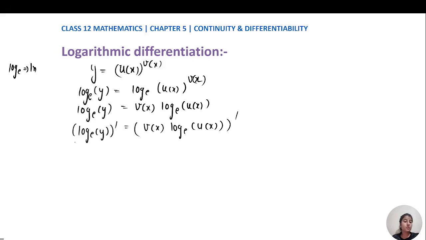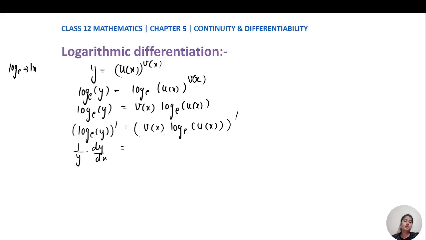So on the left hand side we will use our chain rule, that is, the differentiation of log y will be nothing but 1 upon y. Then differentiate y with respect to x, which is nothing but dy by dx.